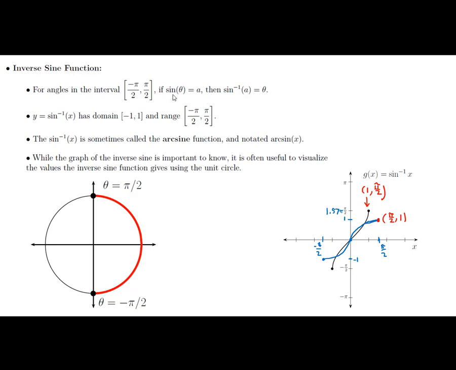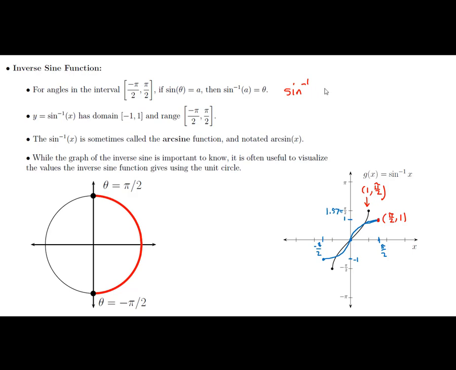That's what the sine function does. So the sine inverse takes a y value on the unit circle and spits out an angle. So we have to understand what's being spit out of the sine inverse.